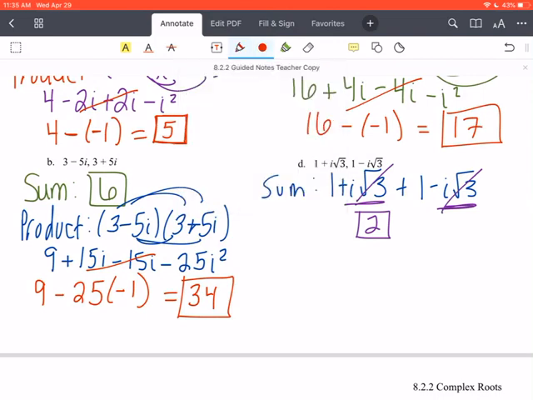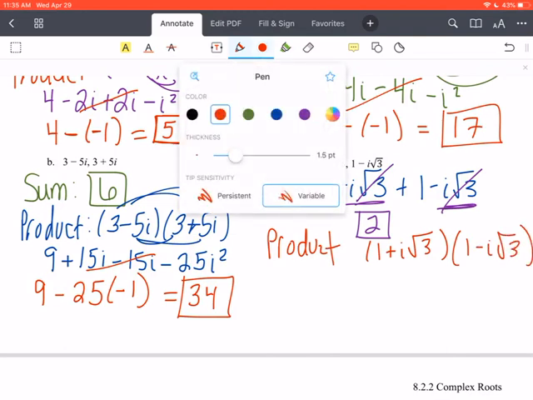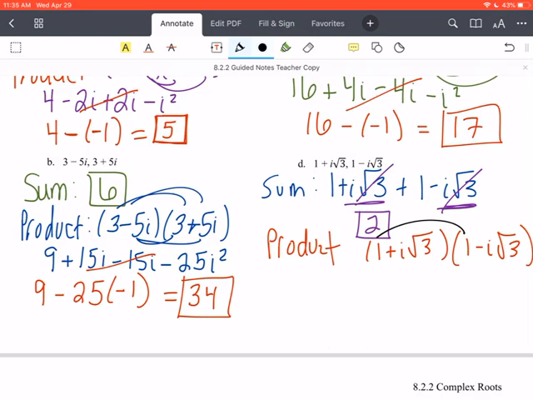And then if I go ahead and look at the product, let's write it out and think about distributing. So 1 plus i root 3 times 1 minus i root 3. Okay, so let's see. 1 times 1 is 1. 1 times negative i root 3 is negative i root 3. i root 3 times 1 is positive i root 3.